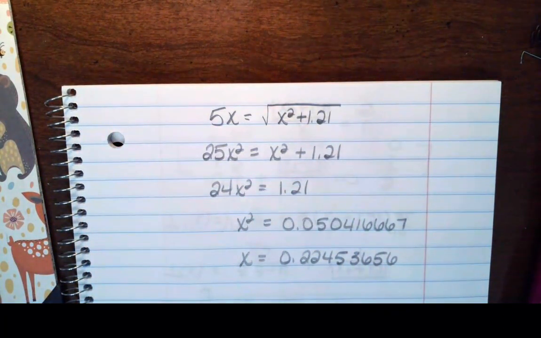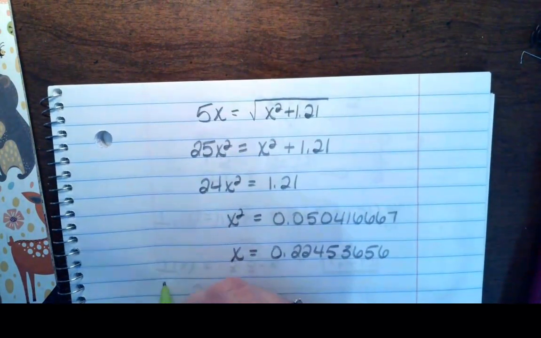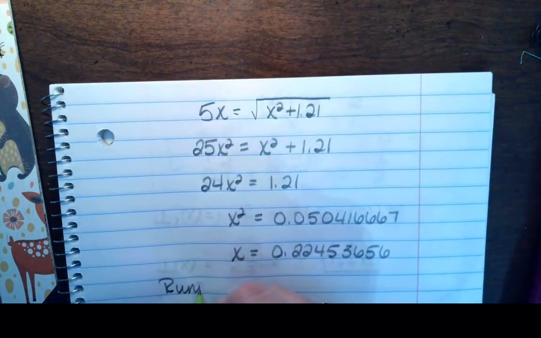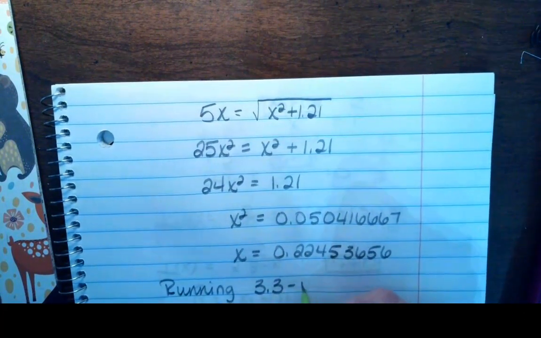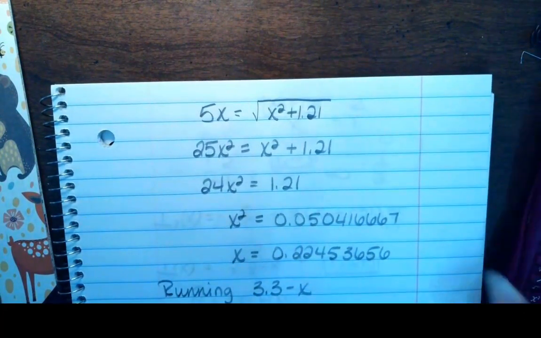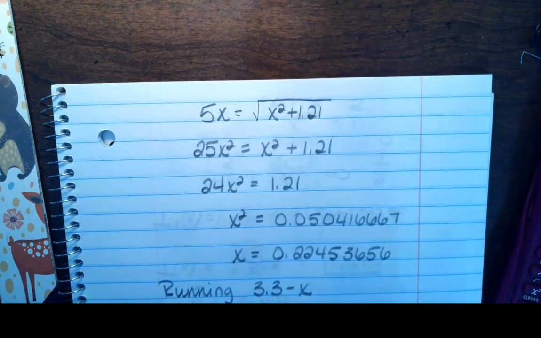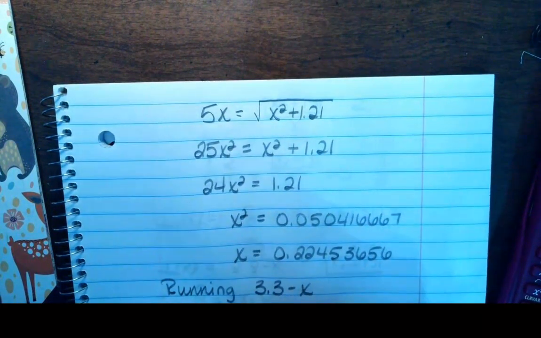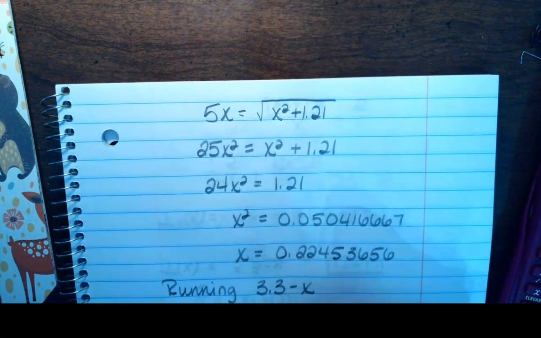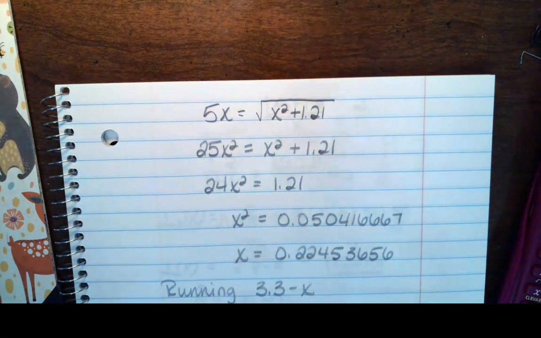Running is 3.3 minus x. So we have 3.3 minus that answer, and we get 3.075. So they need to run 3.075 miles.